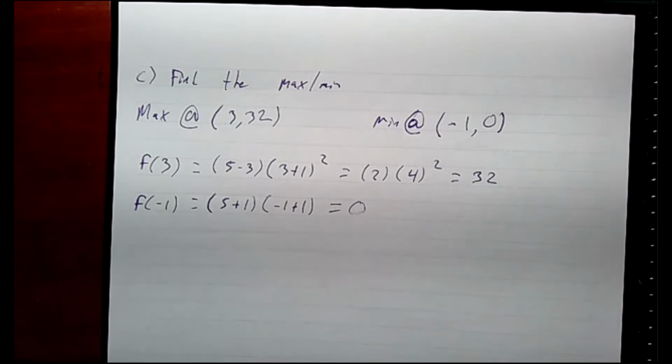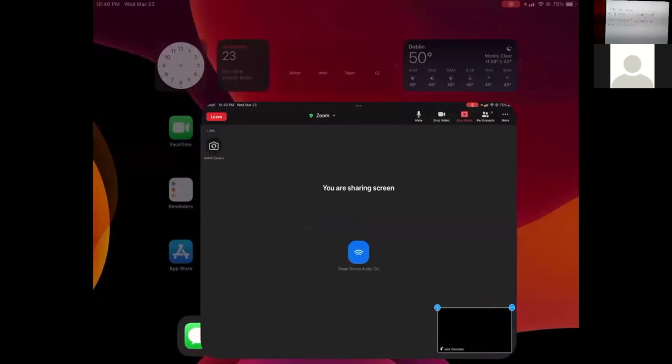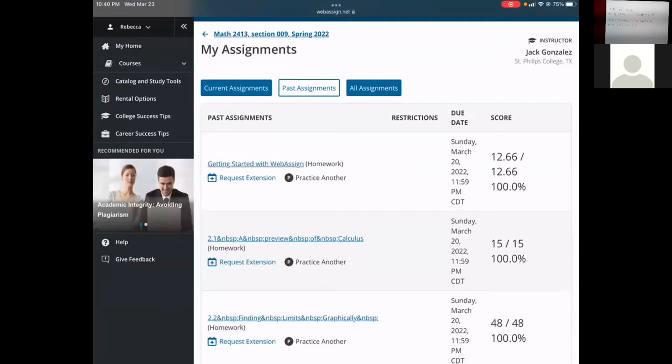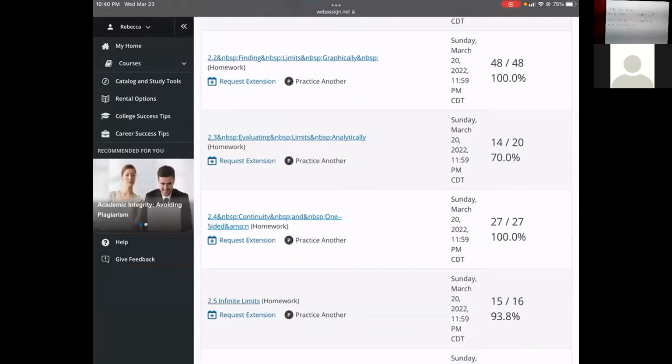Did you see what I was talking about on the whole practice another thing? Oh, let me see. You want to show me the screen? There you go. Okay. So the little where it says practice another. Hold on a sec. Oh, right there. Is that turned off, or is that what you're saying?